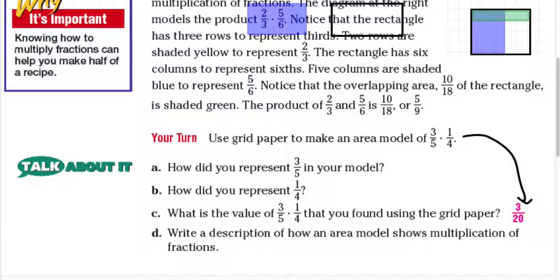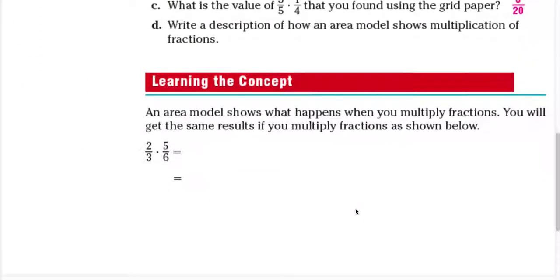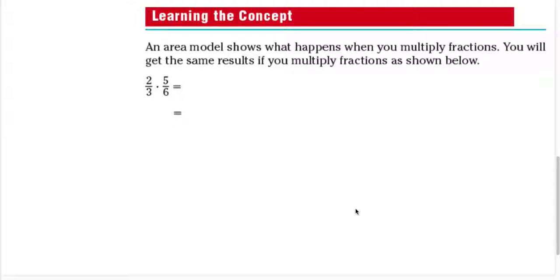With that in mind, we can now learn our concept in multiplication of fractions. An area model shows what happens when you multiply fractions. You'll get the same results if you multiply fractions as shown below.